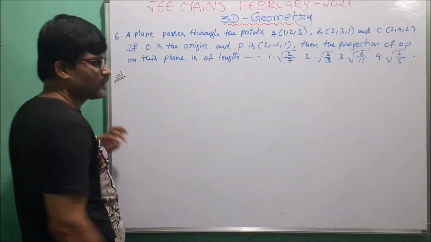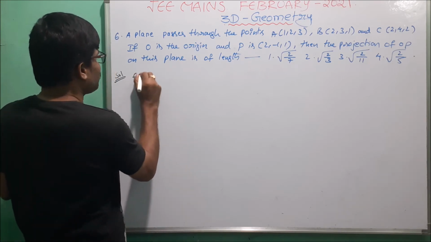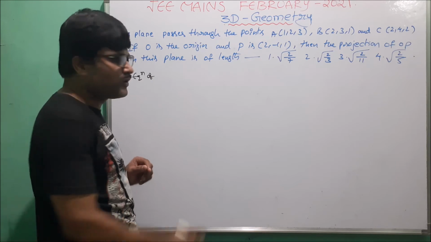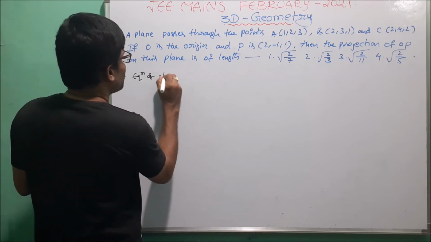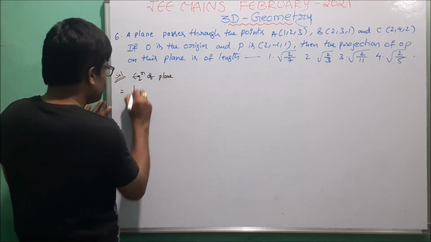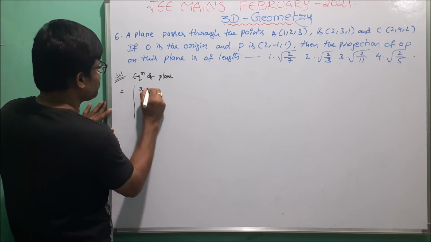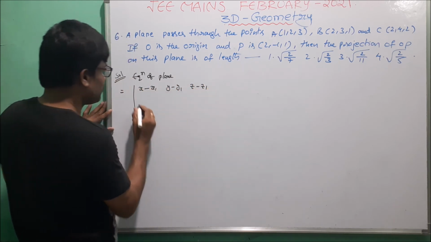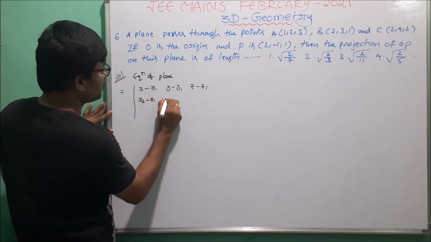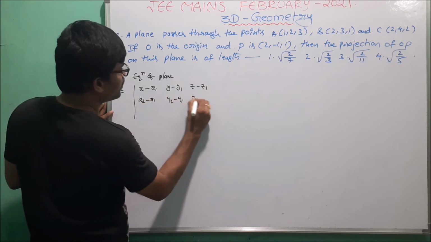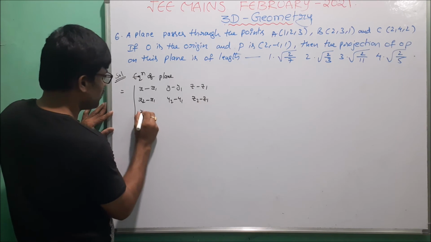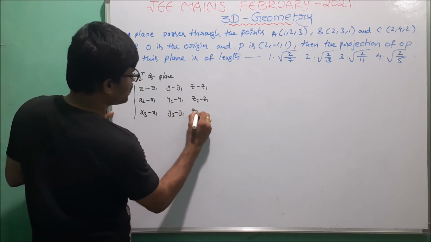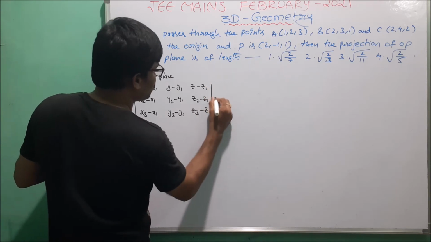Now we go to the solution. For the equation of the plane, directly the formula will be used here. That is the determinant of x minus x1, y minus y1, z minus z1; x2 minus x1, y2 minus y1, z2 minus z1; x3 minus x1, y3 minus y1, z3 minus z1 equal to 0.